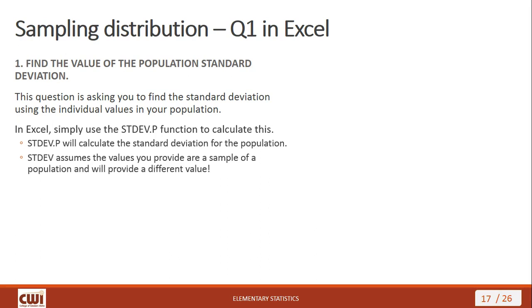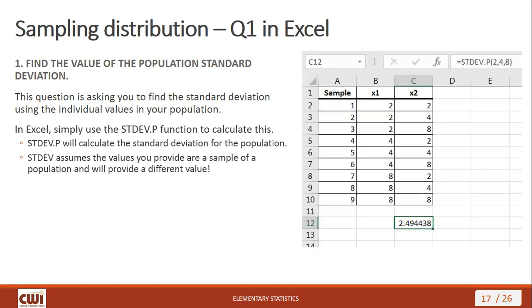So if we don't put the .P on the end of our function, then Excel is just going to assume that we want a sample standard deviation, and what we end up with is a very different value. So we want to make sure that we use the right function with the .P on the end for the population standard deviation.